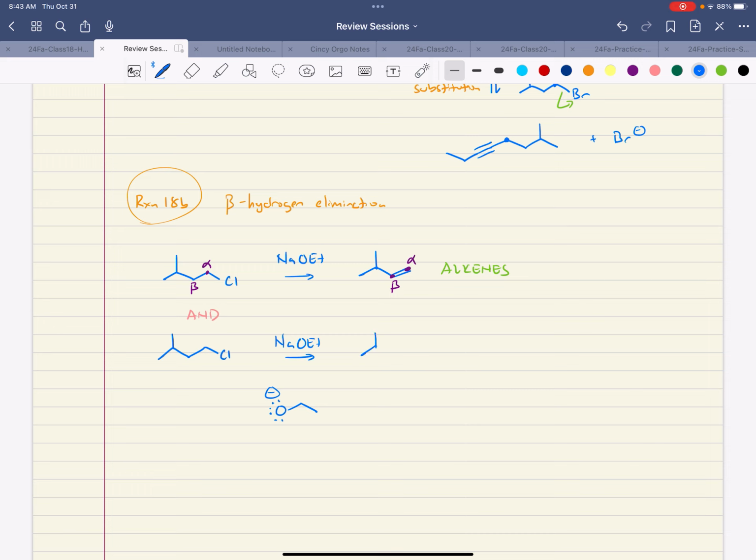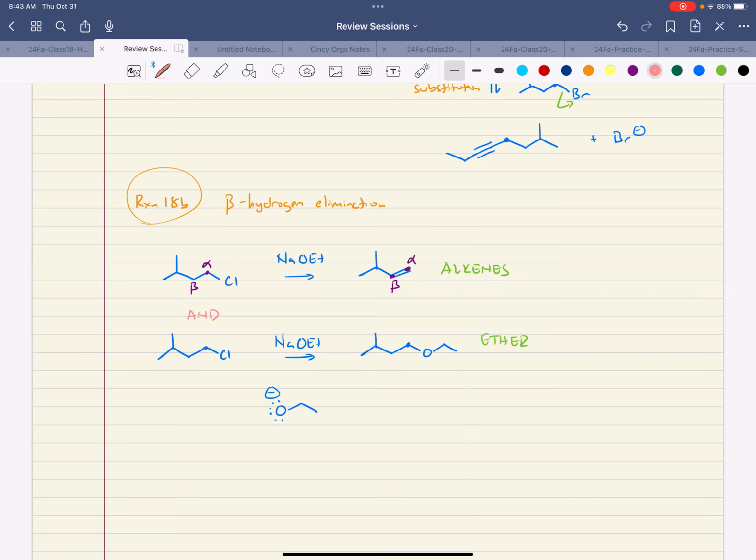Substitution. So remember substitution? You substitute the halide for the nucleophile. So here's the dot. The O minus came in and attacked, and here's your ethyl. So this is called an ether.